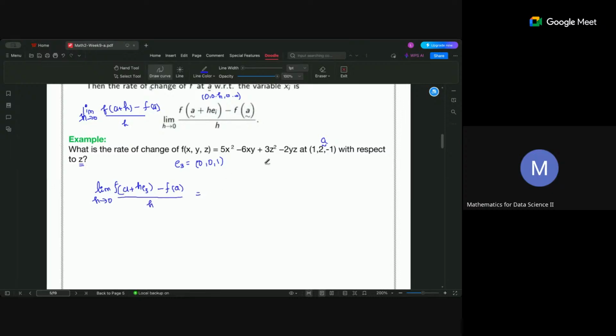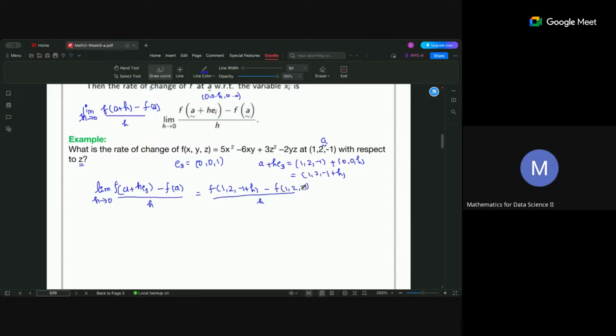Now this is your a, and a plus h e3 is 1, 2, minus 1 plus 0, 0, h. What is that? 1, 2, minus 1 plus h. So f of 1, 2, minus 1 plus h, and then minus f of 1 comma 2 comma minus 1, whole divided by h.